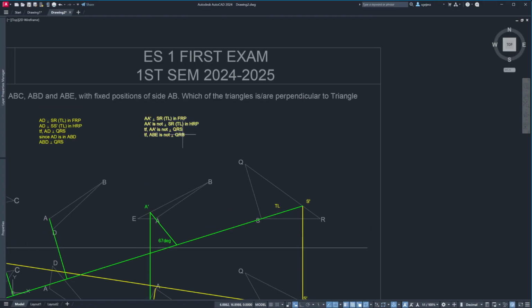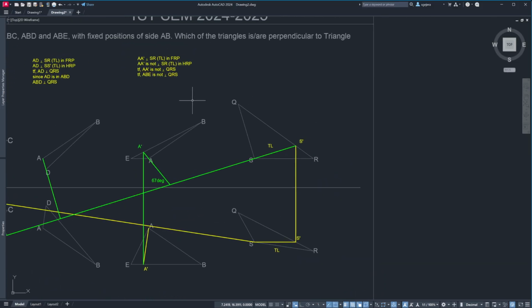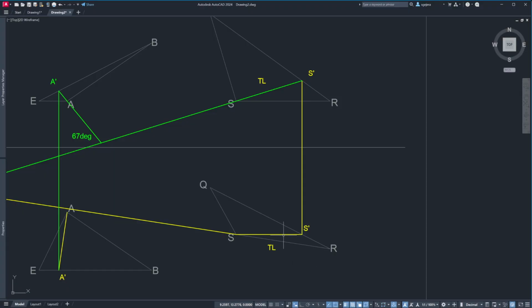So that's one of the intuitive na parang line of reasoning ng mga students, no? And the reason why pwede natin siya i-conclude agad is because if a line is truly perpendicular to the plane QRS, then that line is truly perpendicular to an infinite number of lines in QRS. Tama?